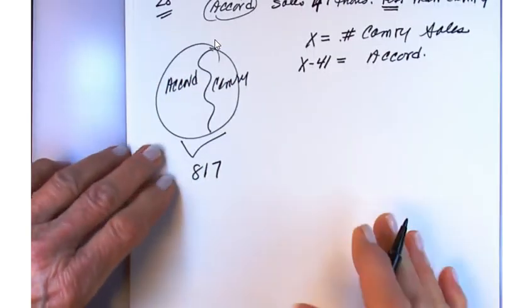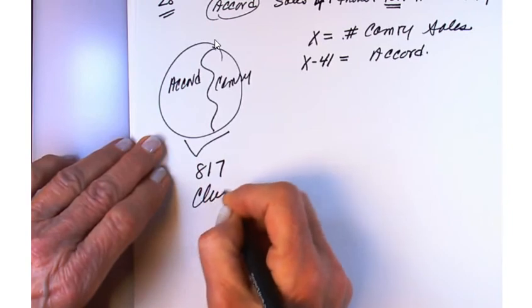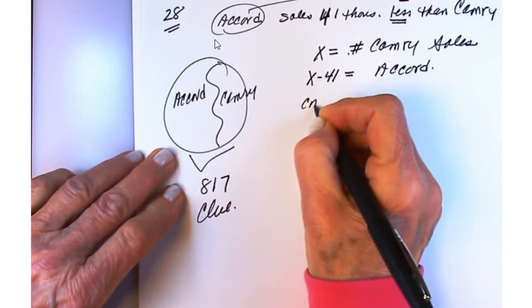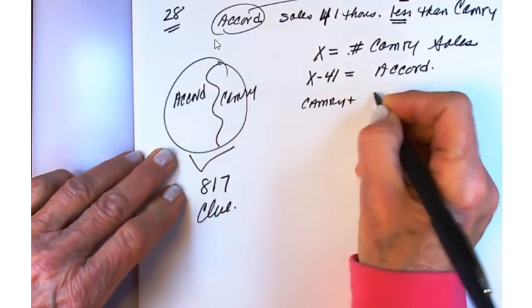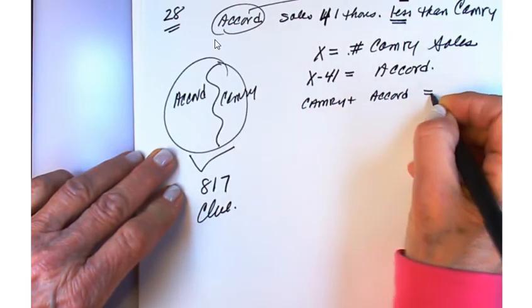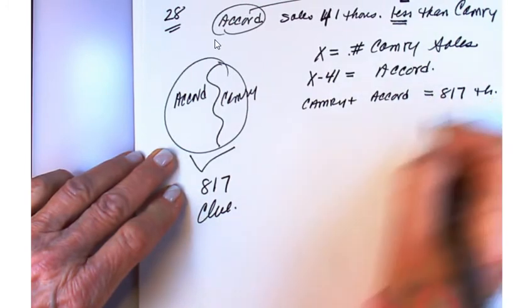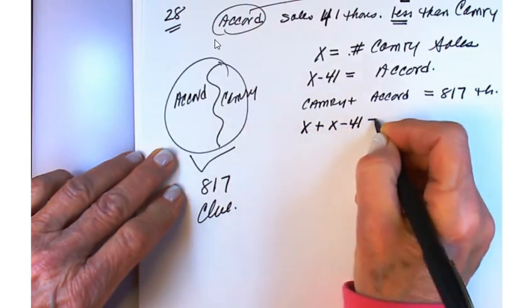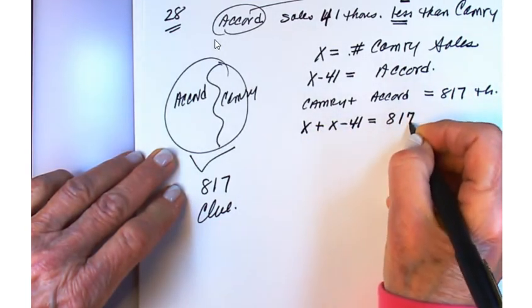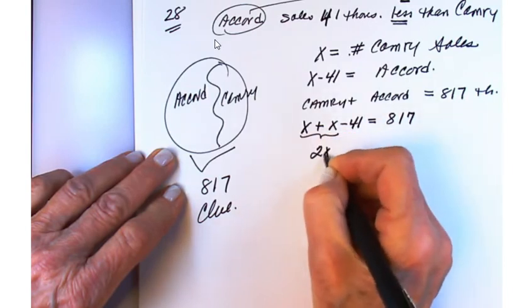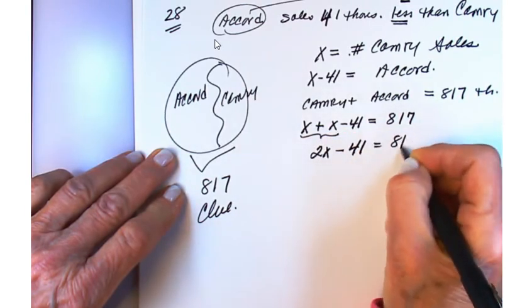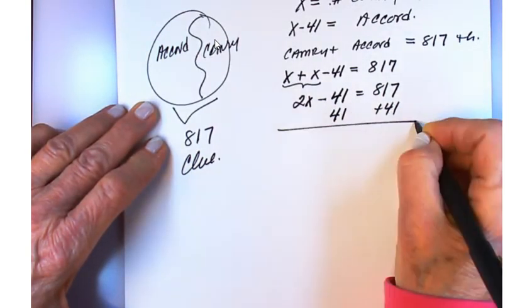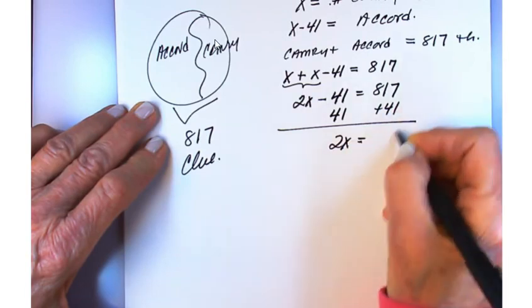My clue is the total is 817. So Camry plus Accord equals 817,000. x plus x minus 41 is 817. 2x minus 41 is 817. Add 41. 2x is 858.